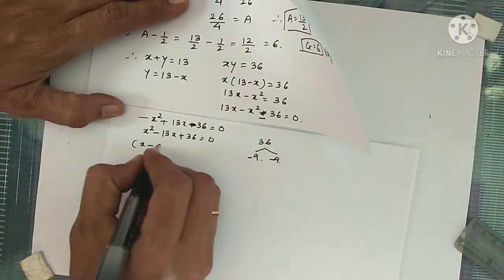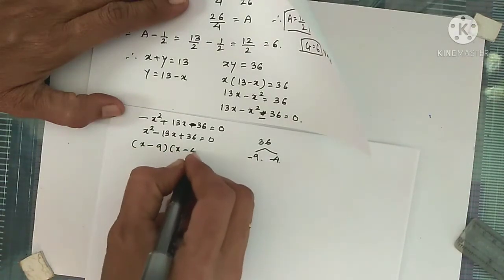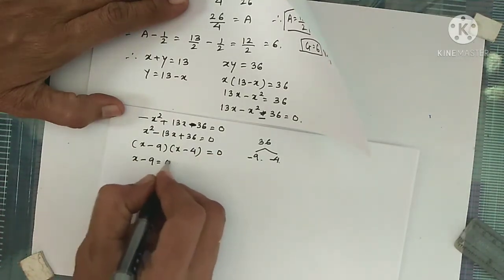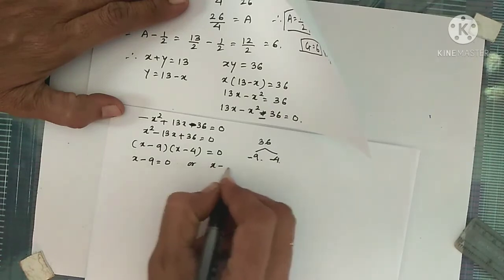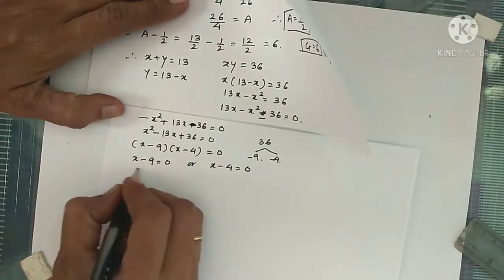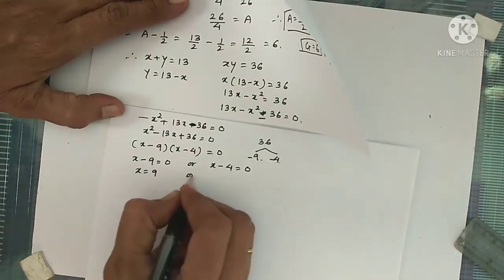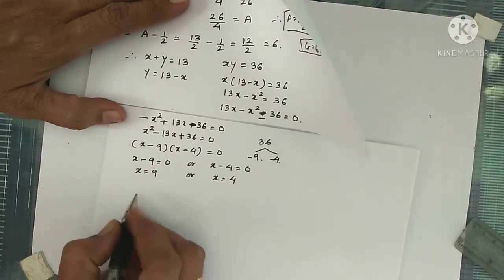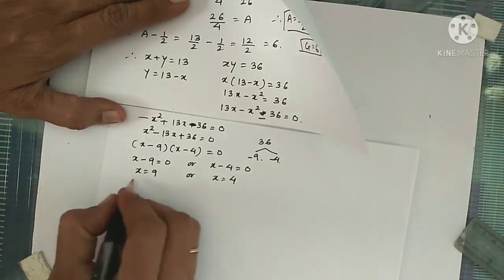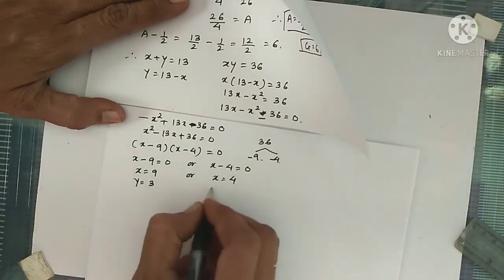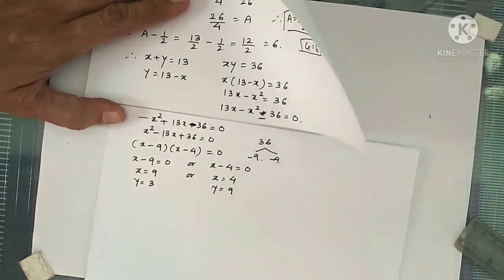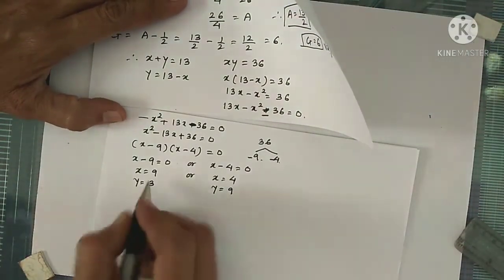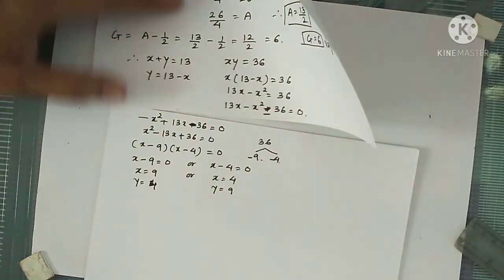So this is x minus 9, x minus 4 equal to 0. So either x minus 9 equal to 0 or x minus 4 equal to 0. So x is equal to 9 or x equal to 4. Now as the sum is 13, if x is 9, y is 4, and if x is 4, y is 9. So those numbers are 9 and 4.